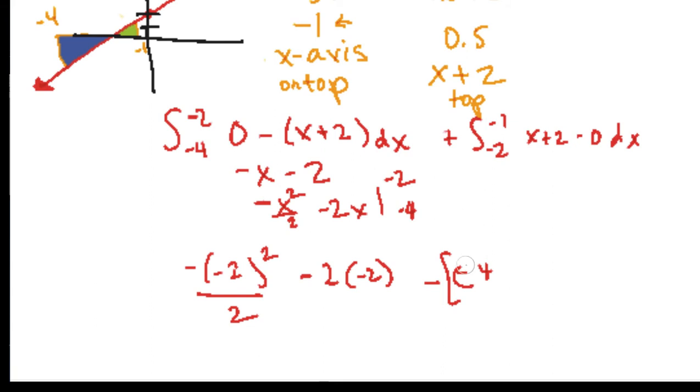Actually, there's a negative outside the parentheses and inside. That's a lot of negatives we got here. So that one is from this, and then we're plugging in a -4, which is going to be squared, and then -2 times -4.